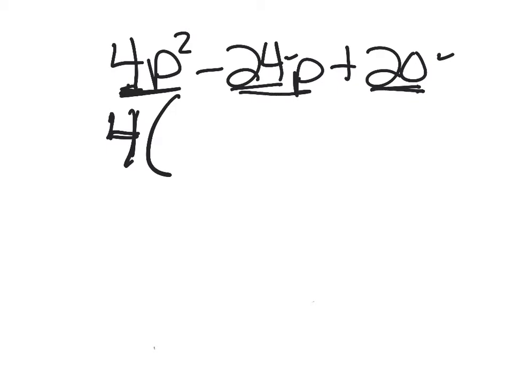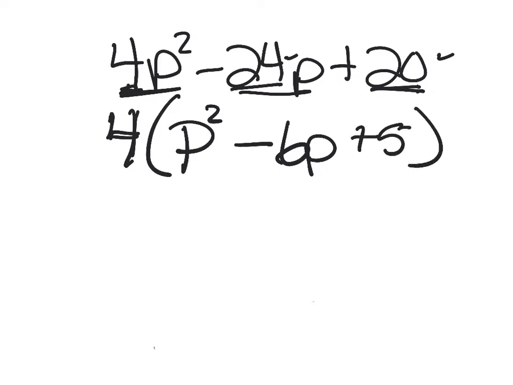So 4p squared divided by 4 is 1p squared. And then 24p divided by 4 is, bring down your sign, minus 6p. And then positive 20 divided by 4 is positive 5.